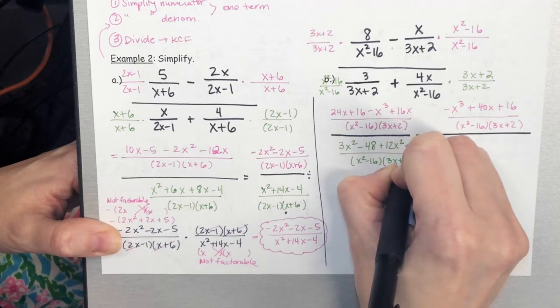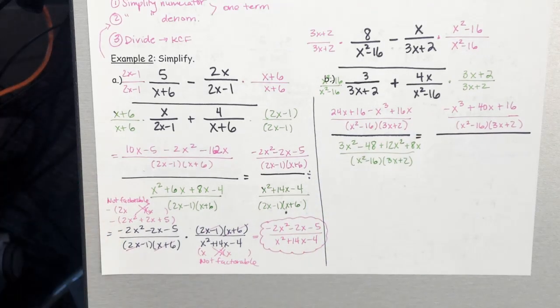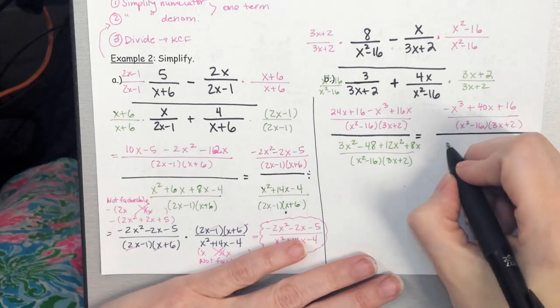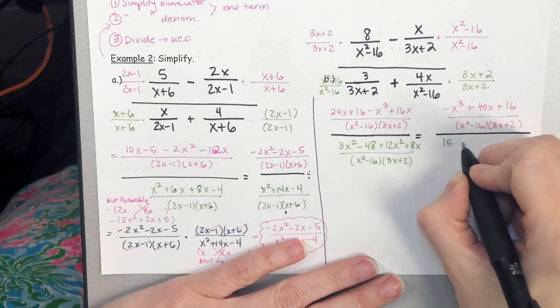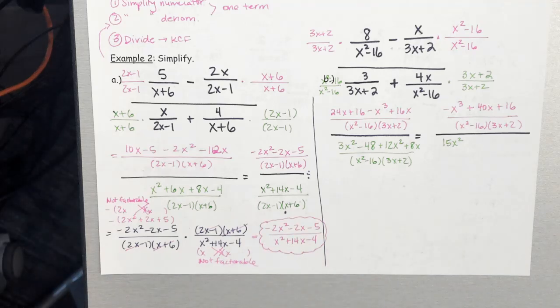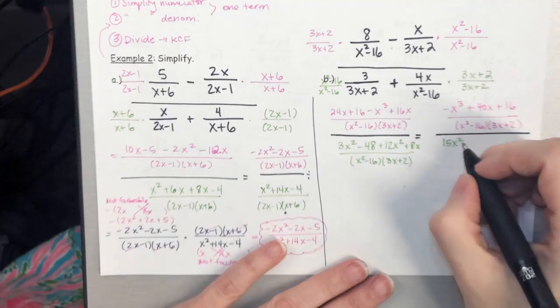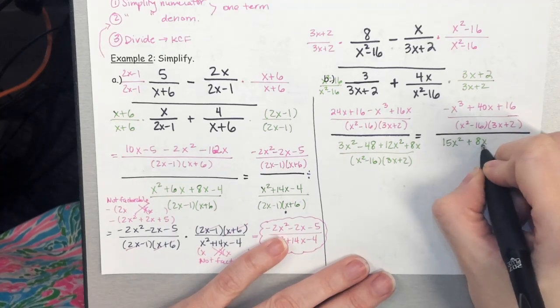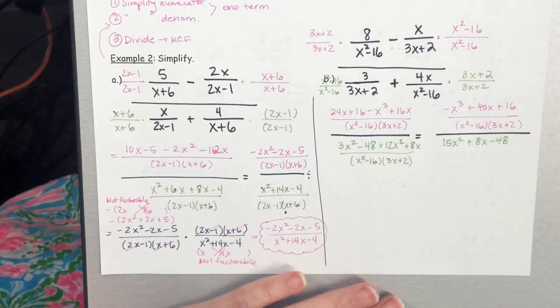And all of that is over your LCD. Okay, so I have 15x squared plus 8x minus 48.